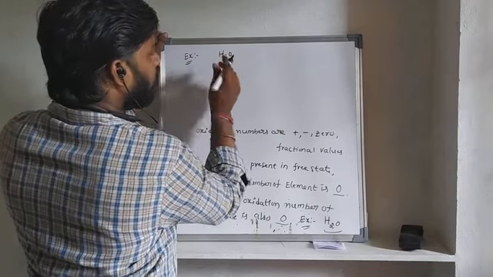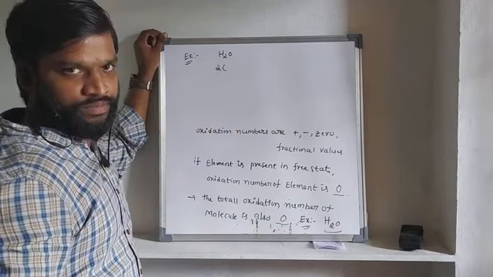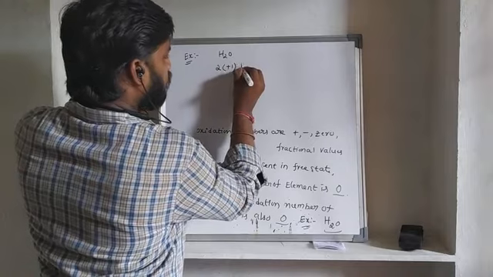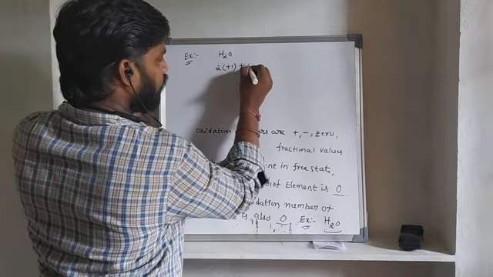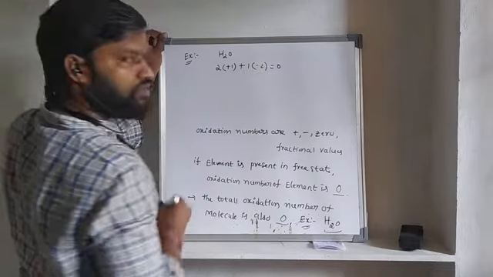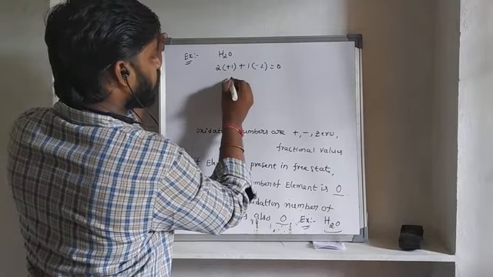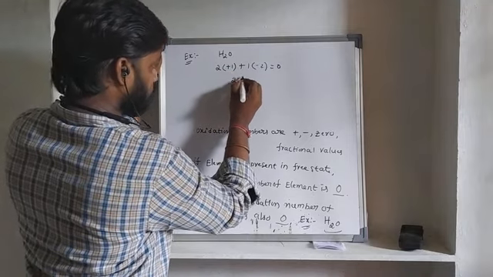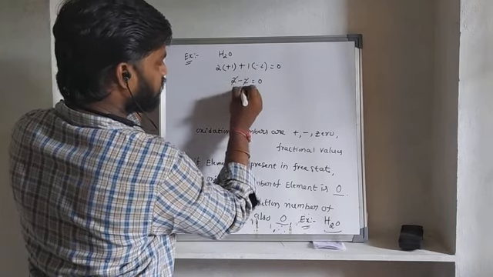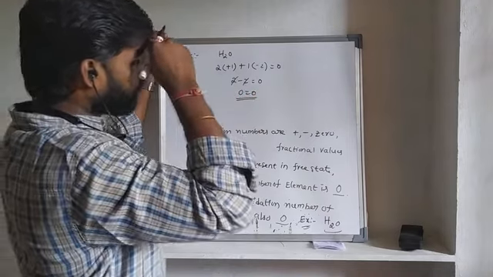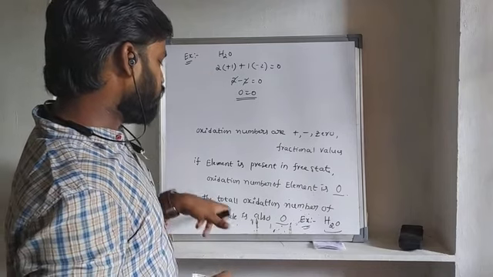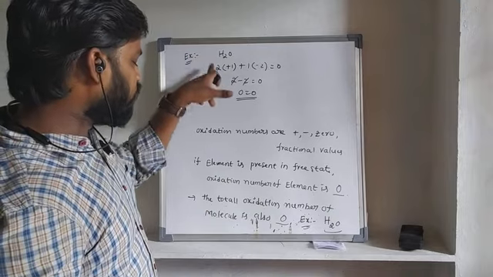Oxidation state of hydrogen here +1, plus how many oxygens are there? 1. Oxidation state of oxygen -2 is equal to 0. So 2 into +1, 2. 1 into -2, -2 is equal to 0. 2 cancel. So 0 equal to 0. So the total oxidation number of molecule is 0.